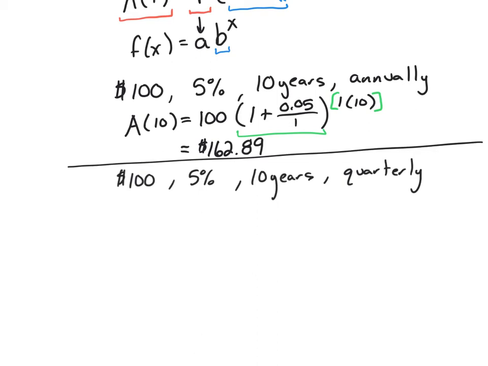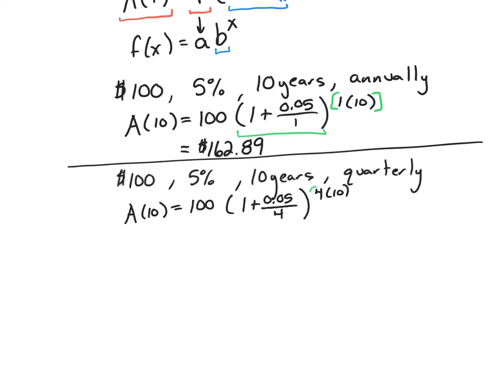So if we set up our equation again, we have A of 10, so the amount after 10 years, starting with $100, 100% plus our 5%. Now this time my n value is equal to 4. So I have to divide that 5% up among 4 time periods so that I get 5% over the course of a year. And then we have 4 times 10 years. So the number of time periods over 10 years is 40, because each year has 4 of those quarters.